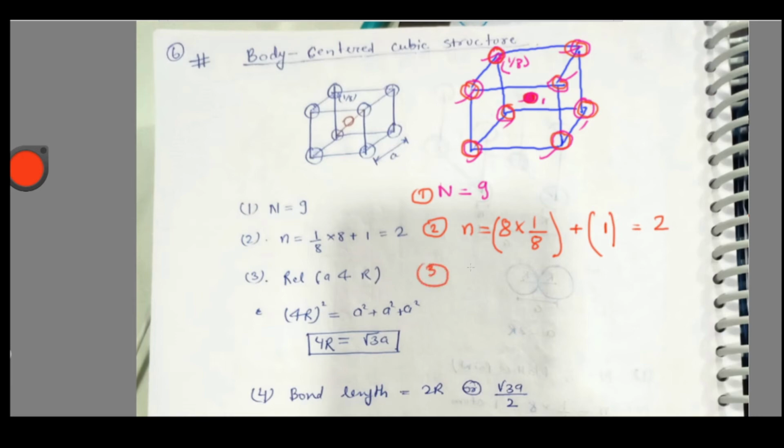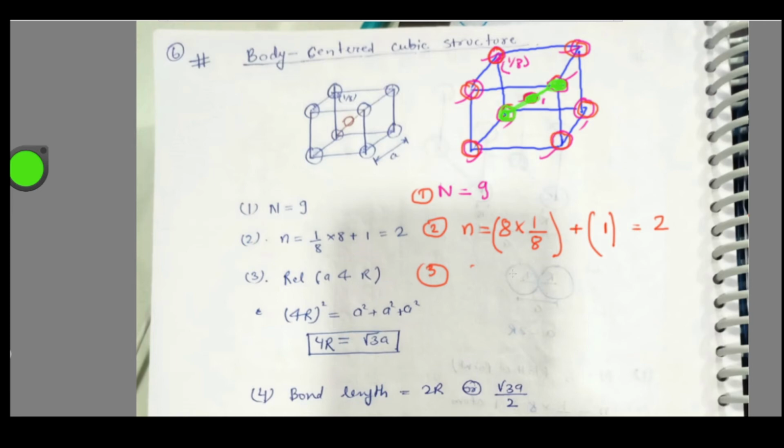And the relation between radius and side of the atom is like that. So just join these atoms. This atom is at the other corner, this is the body center atom and this is the front side atom.